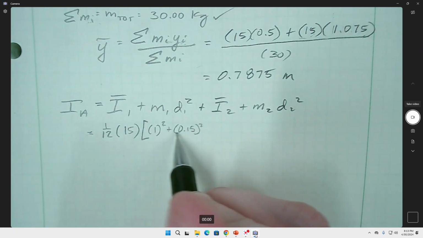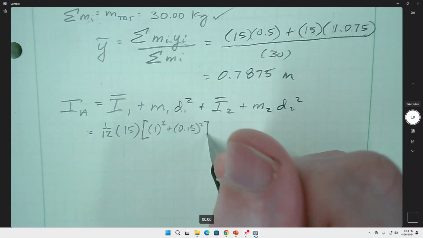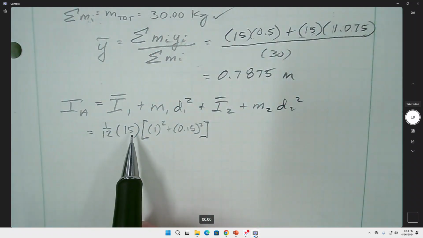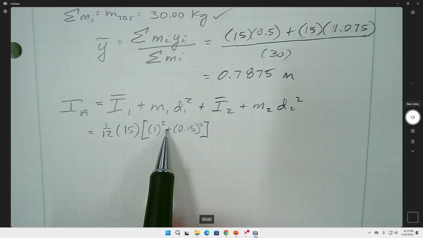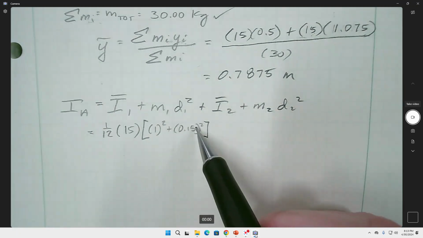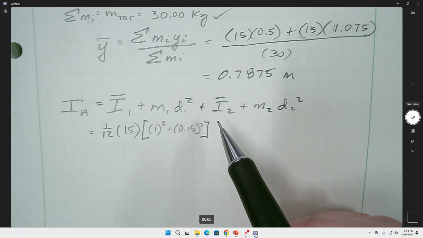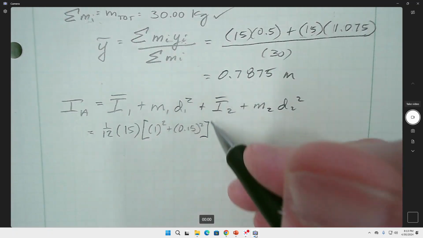So you recognize that right there. If we just treated it like a slender rod, we would just go 1/12 times 15 times 1 squared. But we're going to say that it's a rectangle, that the width of the thing will matter. But it's 0.15 squared, not a lot.